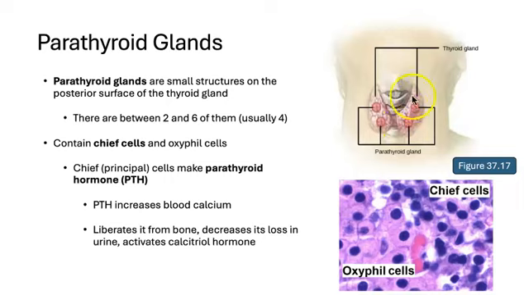These glandular cells are going to contain 2 different groups. We have our chief cells and our oxyphil cells. The chief cells are responsible for making the parathyroid hormone in order to increase blood calcium, whereas our oxyphil cells have an unknown function.